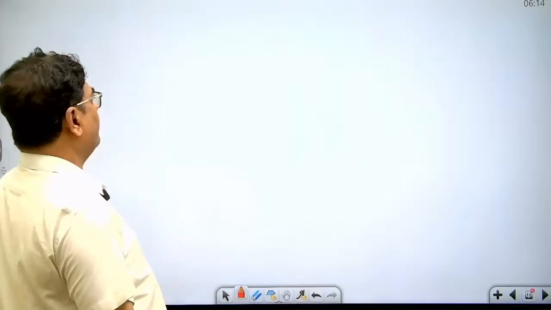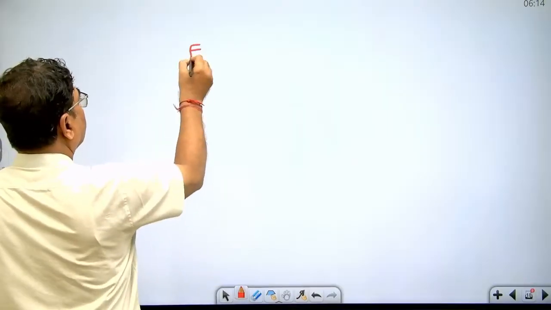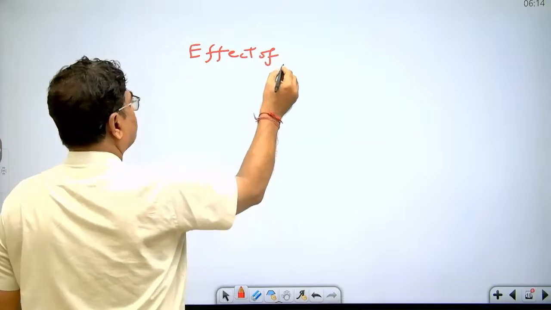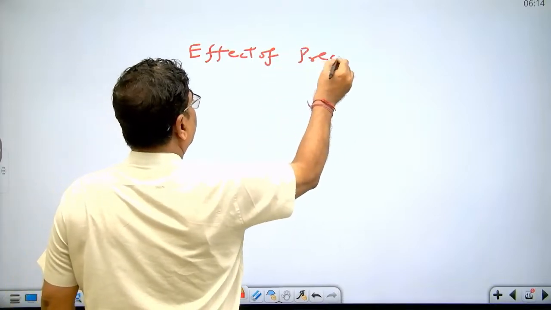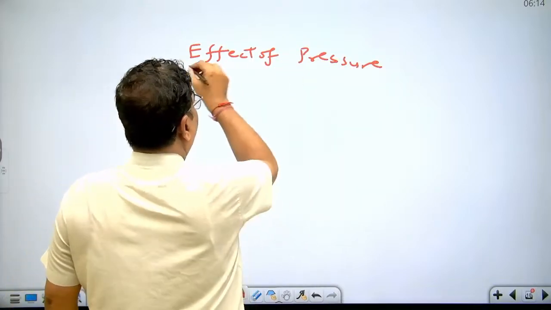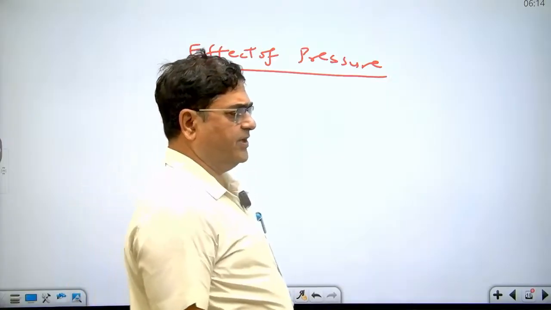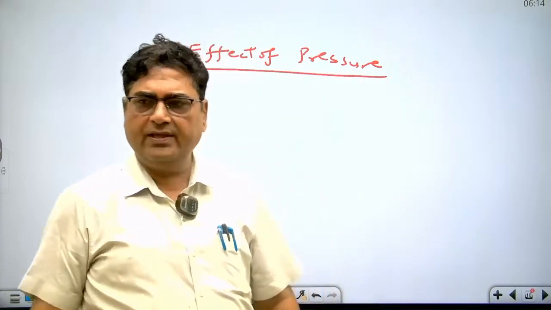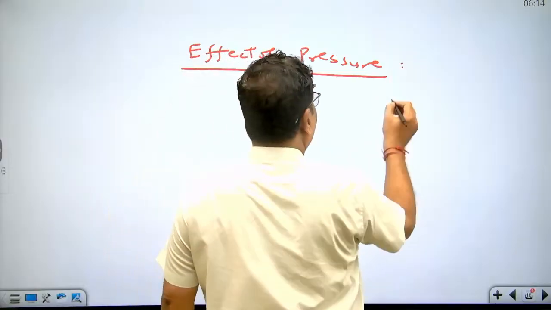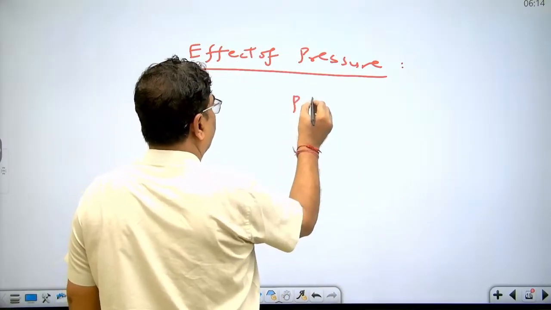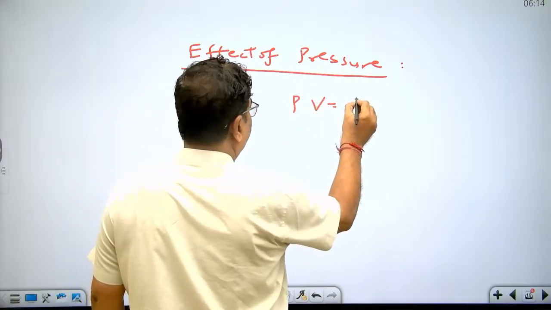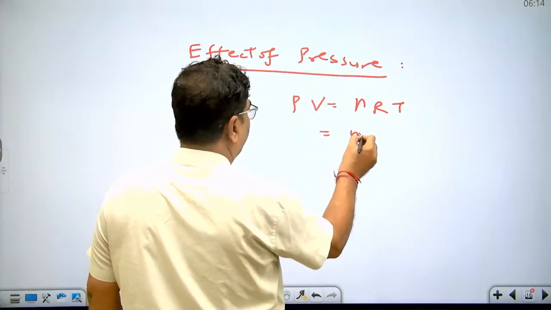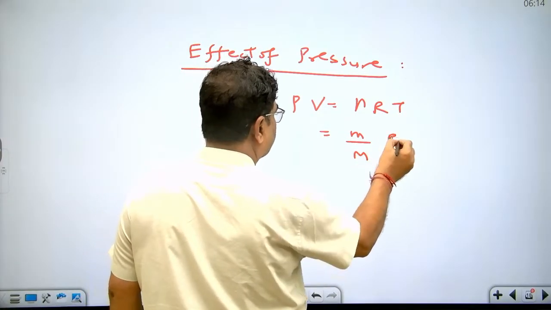What is the effect of pressure on speed of sound? Dear student, there is no effect of pressure on speed of sound until temperature changes. No effect. Okay. Why? This is the gas equation PV equal to nRT. n is number of moles, n equal to mass upon molar mass.